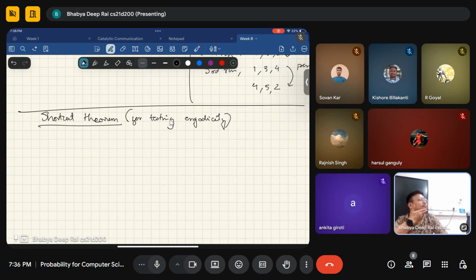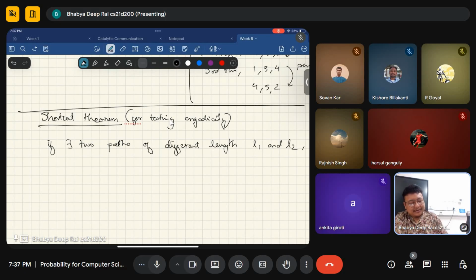What was the theorem? So it was that if there exist two paths of different lengths, L1 and L2, such that GCD of L1 and L2 is equal to 1.